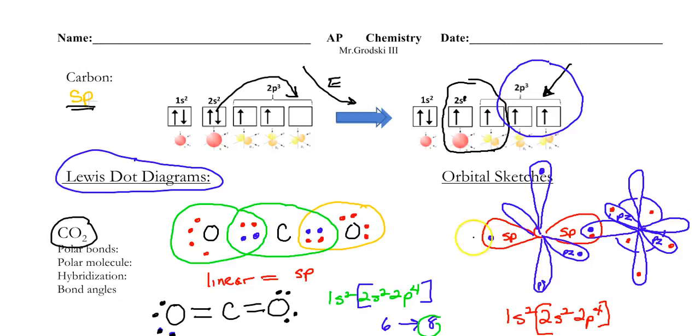The other side looks exactly the same. We're not quite done yet, but just follow me. This is another oxygen. Let's make it blue. So we've got a p orbital here. One going up, one going down, one coming at you.